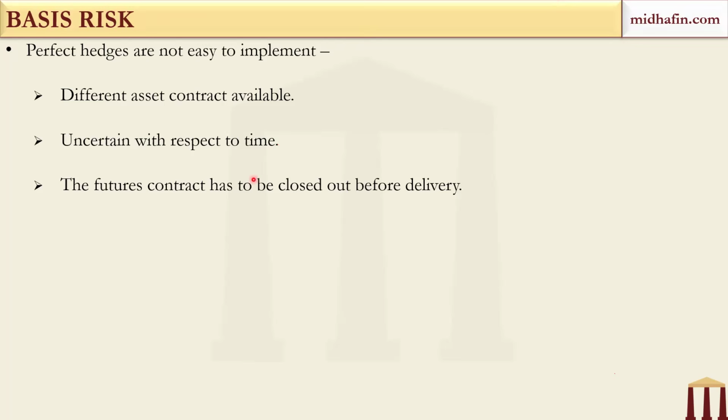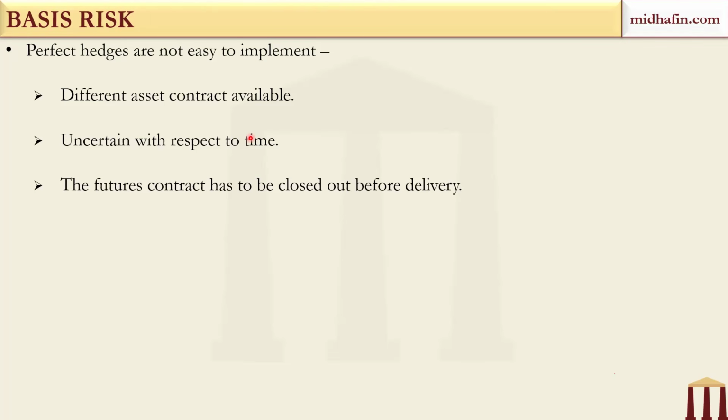Then it is possible that there may be a lot of uncertainty with respect to time. The exact hedging period might not be clear. For example, for the farmer, the tentative date of the harvest might be known, but the actual date will not be. So it's possible that there will be a contract which will just expire after or before the harvest date.